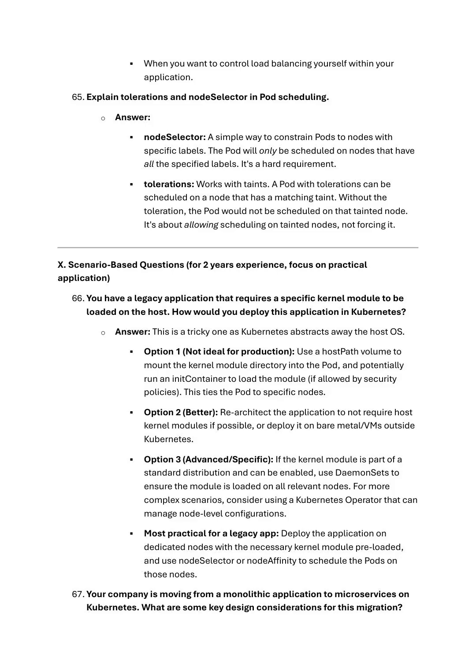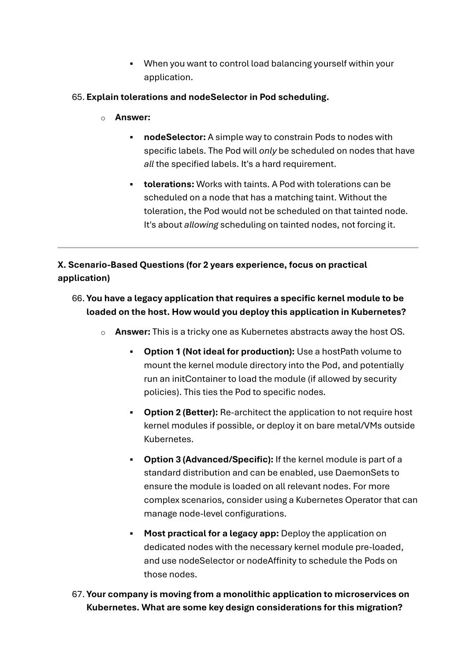Option 2, better: re-architect the application to not require host kernel modules if possible, or deploy it on bare metal or VMs outside Kubernetes. Option 3, advanced, specific: if the kernel module is part of a standard distribution and can be enabled, use DaemonSets to ensure the module is loaded on all relevant nodes.